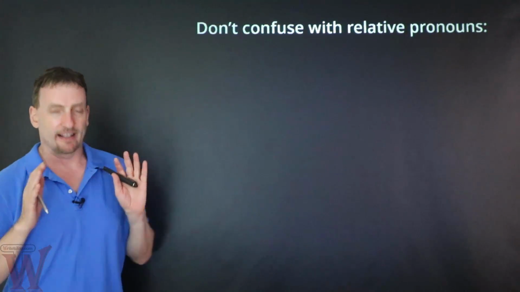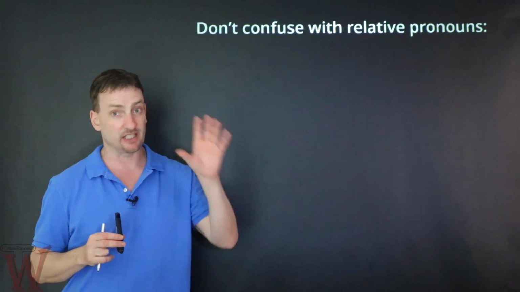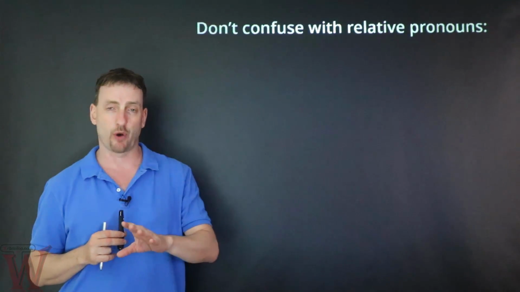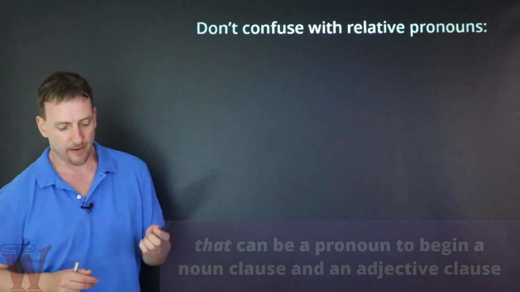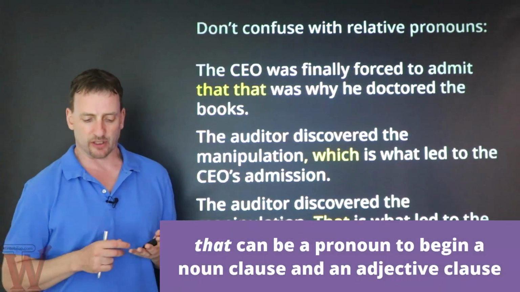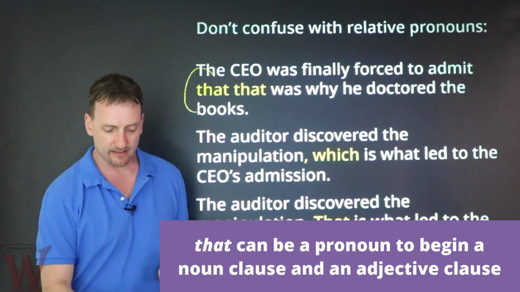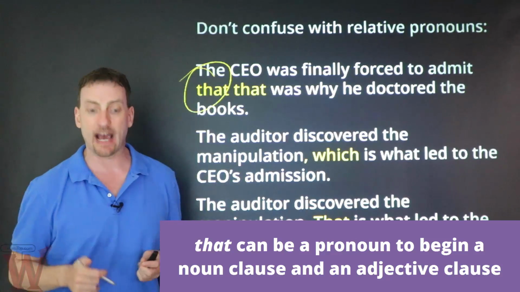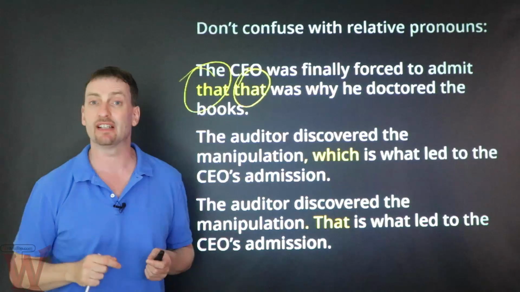Now, another very common problem. Don't confuse pronouns, especially "that," with the relative pronoun "that," which begins an adjective clause or a noun clause, etc. The CEO was finally forced to admit that was why he doctored the books. That, beginning the noun clause, that is a pronoun pointing to something mentioned in the previous sentence.